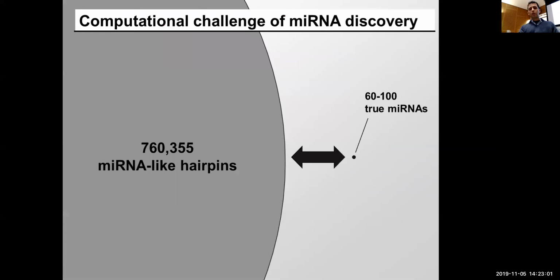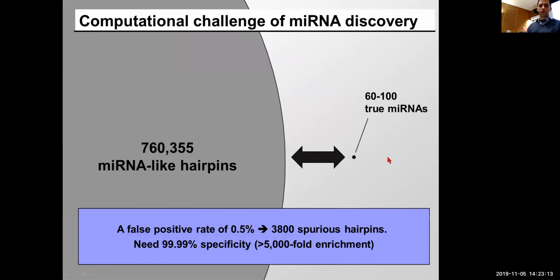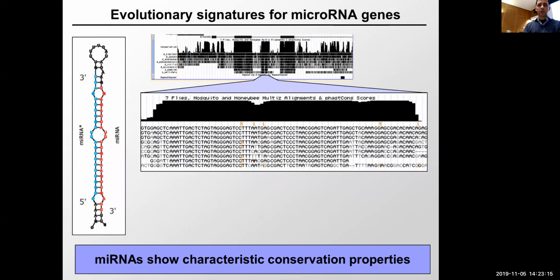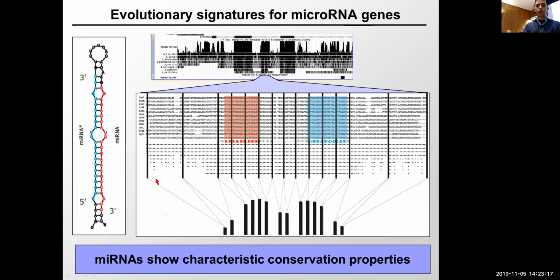And then for microRNAs, again, the challenge is that there are only 100 true microRNAs, but there are 760,000 microRNA-like hairpins. So how do we distinguish the two? Again, evolutionary conservation can help us by building a profile of the conservation pattern of these hairpins.